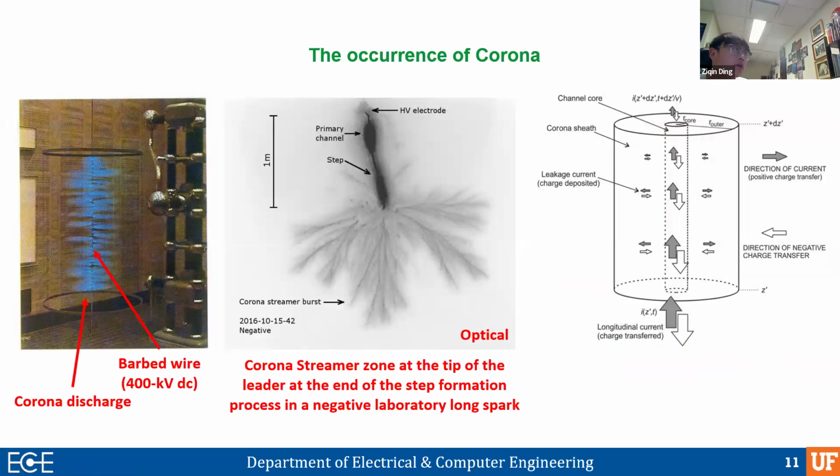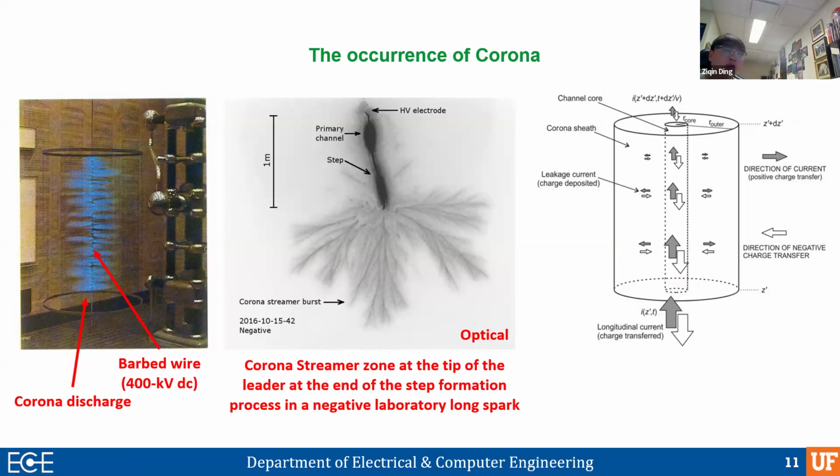Another occurrence of corona is the corona discharge surrounding barbed wire. We can see it's emitting perpendicular, away from the center of that wire. The reason why corona streamer zones, or corona streamers, or simply streamers happen is that moving charges interact with their periphery, which is surrounded by virgin air.